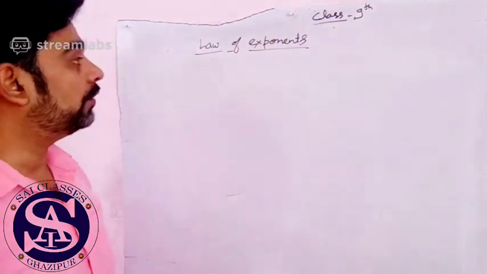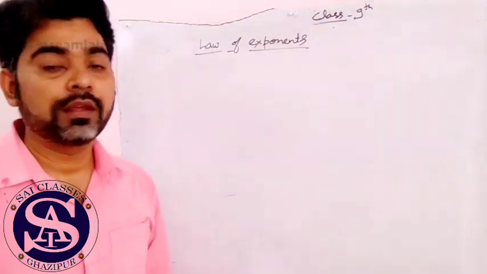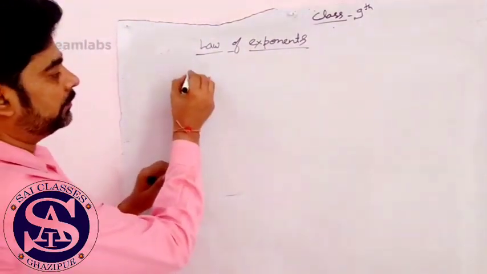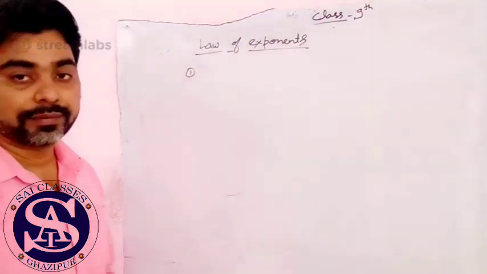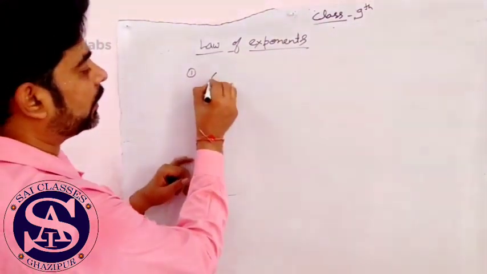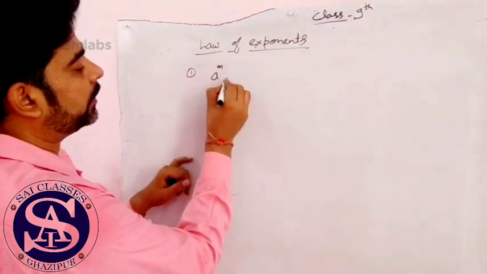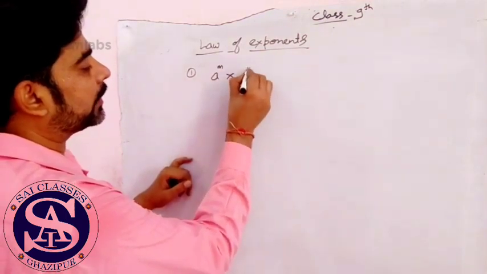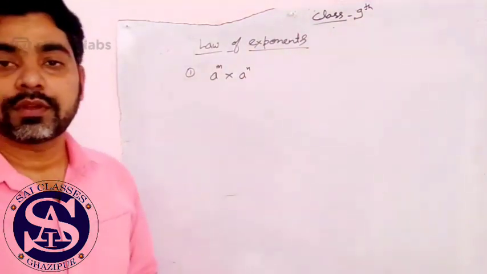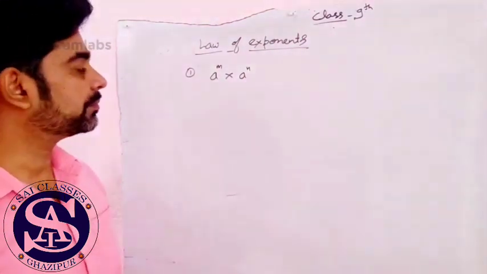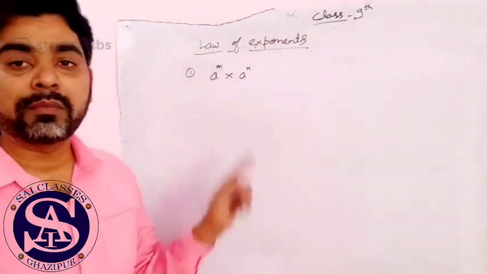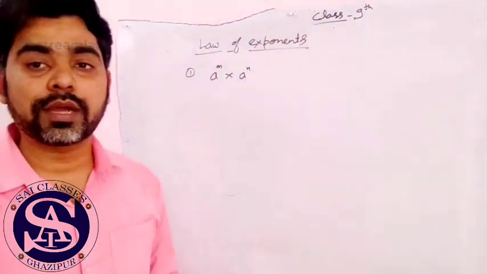The first law states that a raised to m multiplied by a raised to n.